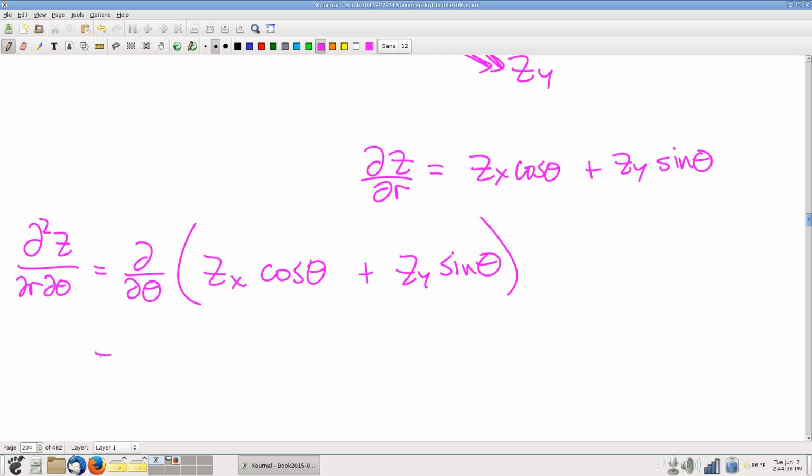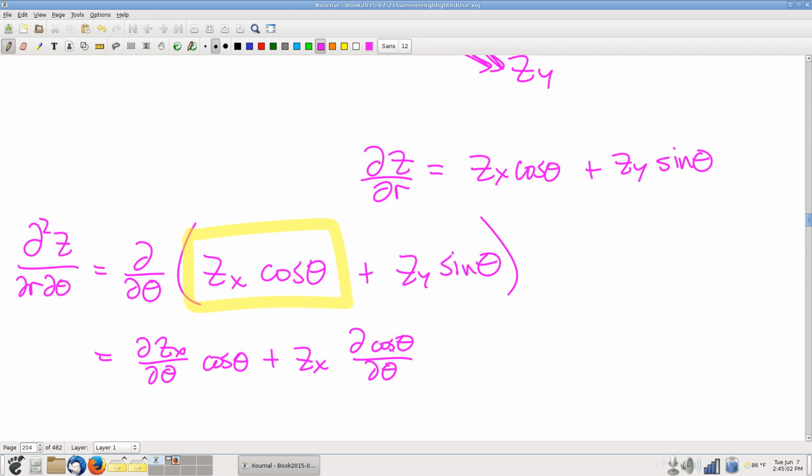So first of all, this is a product, and I get two terms for that. So I'm going to have partial of zx with respect to theta times cosine theta, plus zx times the partial of cosine theta with respect to theta. So that's what that turns into, right?